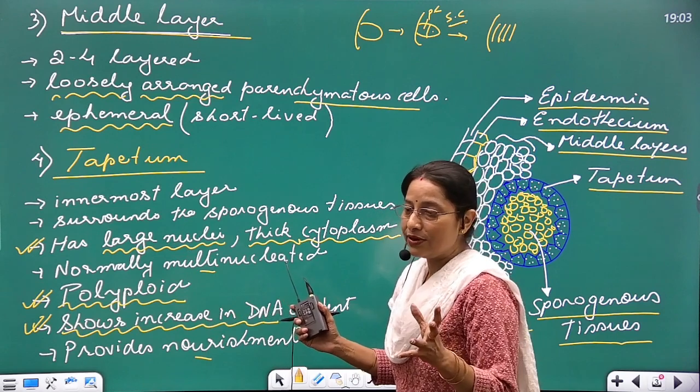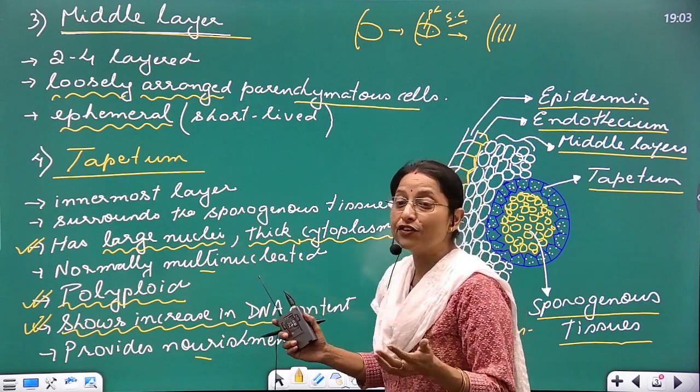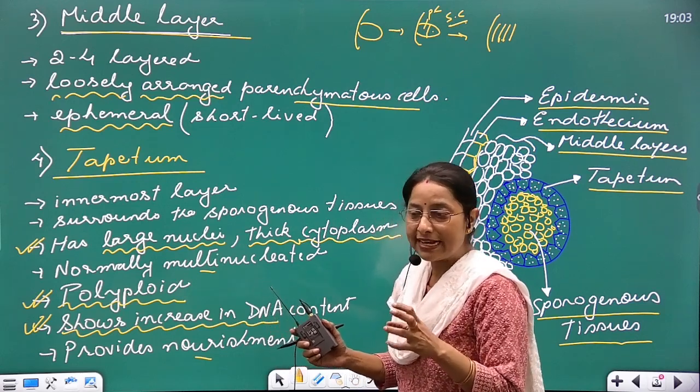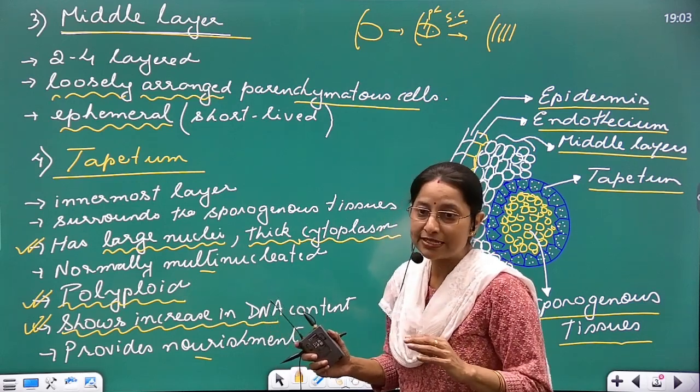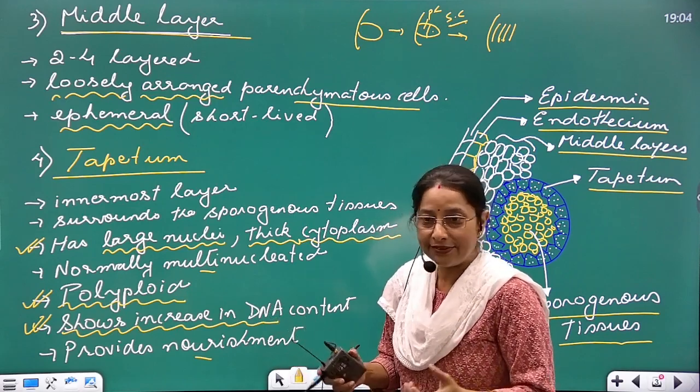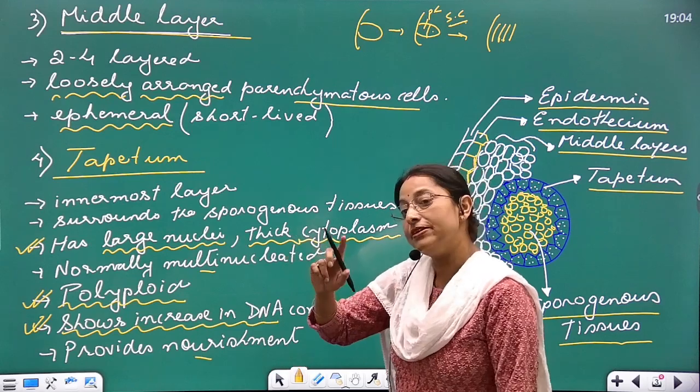For division. Because if a cell has to divide, it has to divide its contents into two equal parts, so obviously it should have huge content, right? So these are the characteristics of meristematic tissues.